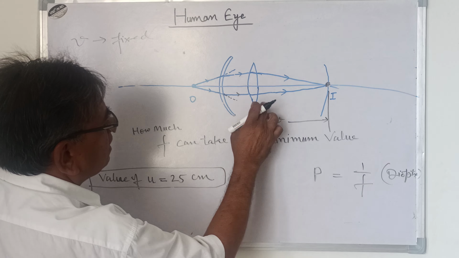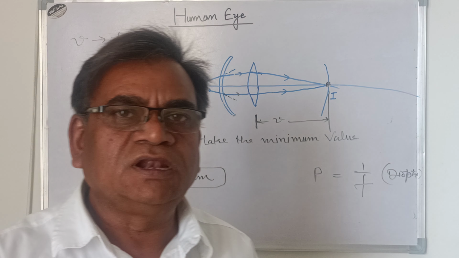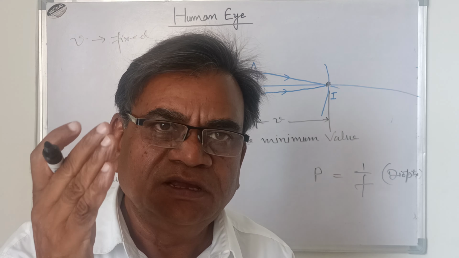How much the lens can contract, how much the focal length can be reduced so that the image may fall at the retina, it can reduce that much when the value of u is equal to 25 centimeter. And this is fixed as per construction, v is fixed. And this has been seen.